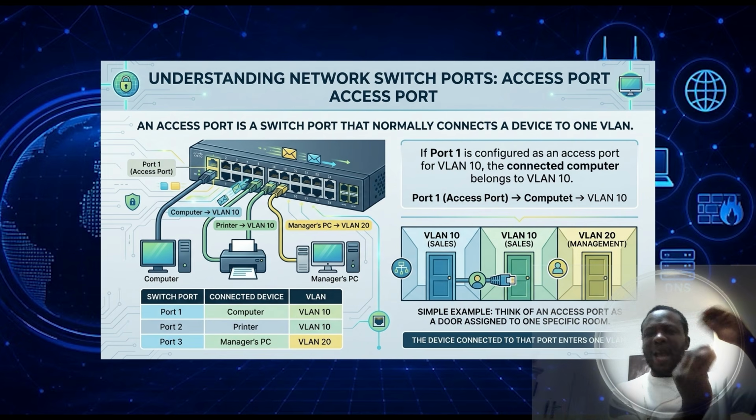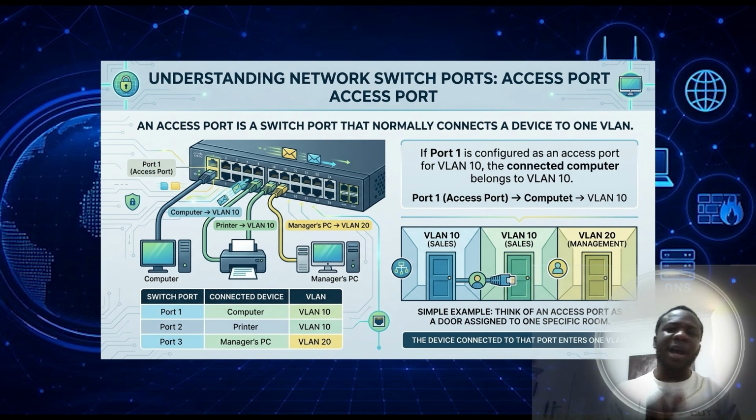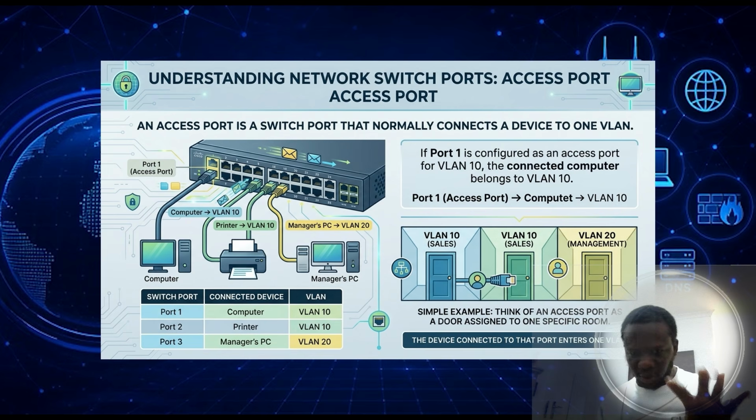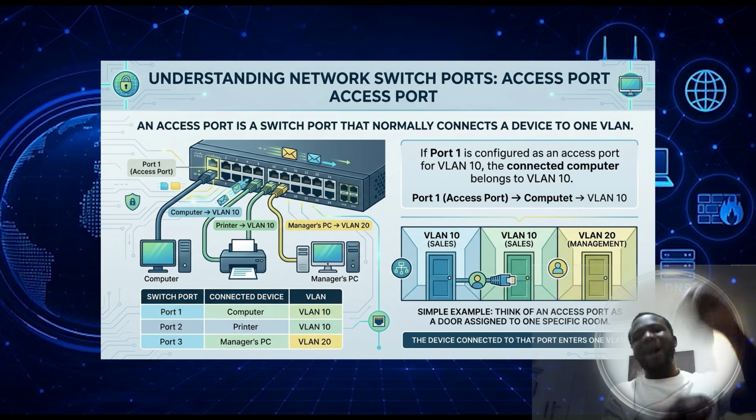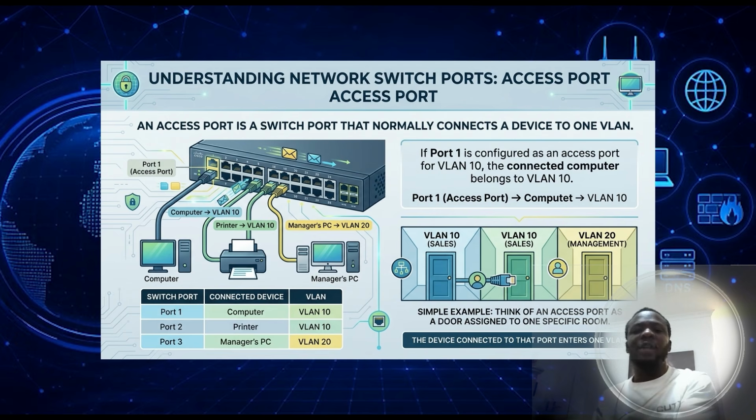So the access port that you have to the outside world is your passport, because there are a lot of black people everywhere. The access port that makes you belong to South Africa, to Nigeria, to Swaziland, is your passport. All right, I think that's clear enough. So that's what they call an access port. It is the port that you use to access the VLAN that you belong to.